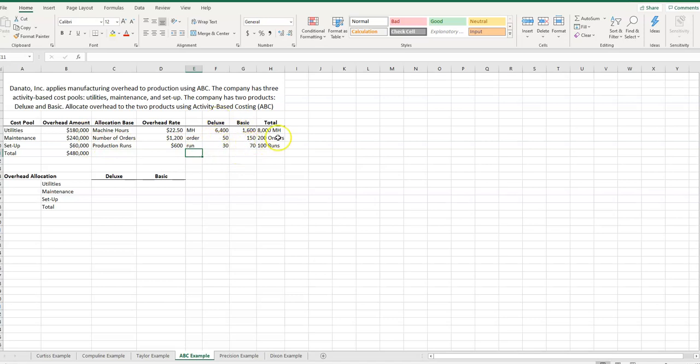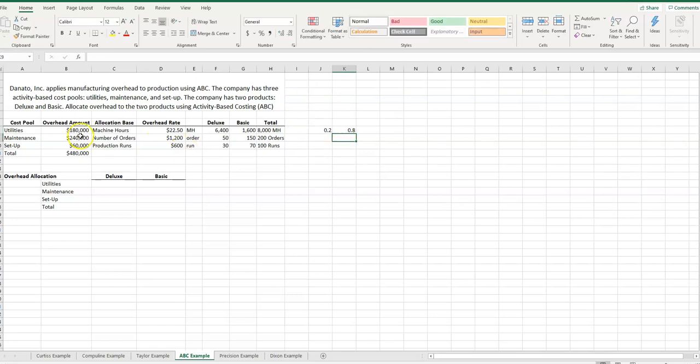The other way that we can allocate overhead in this example is by the percentage usage per product. So of our 8,000 total hours, 1,600 of them are used by basic, and 6,400 are used by the deluxe model. So 20% of the costs are used by basic, leaving 80% of the costs for the deluxe model.